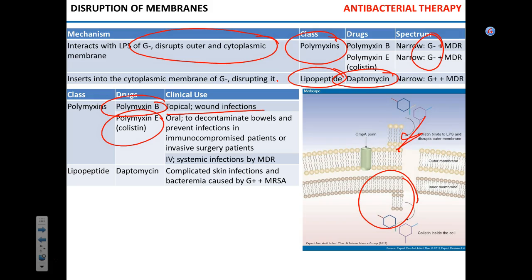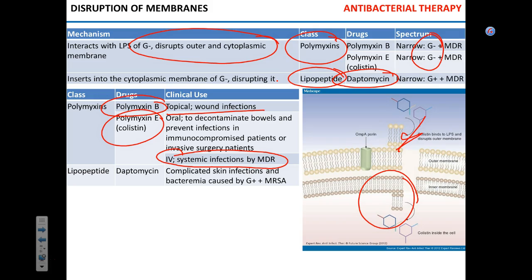If it is used IV, it is used for treatment of systemic infection by, what's MDR, what do you think? Multiple drug resistant microbes, okay? Multiple drug resistant. So think about this. Infections in immunocompromised people. Infections with multiple drug resistant microbes.